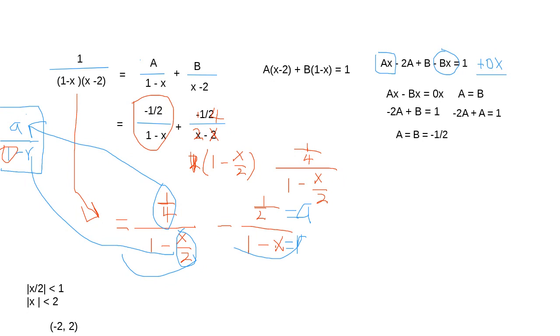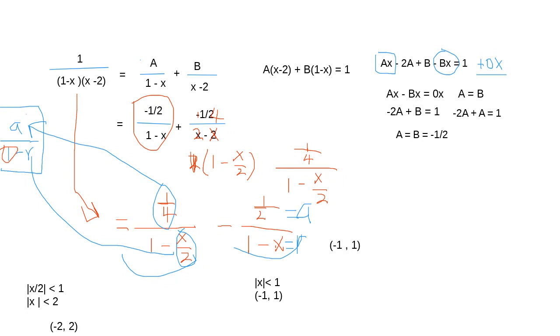The radius of convergence is -1 up to 1. So for the combination, the interval of convergence is the common interval, which is -1 to 1.